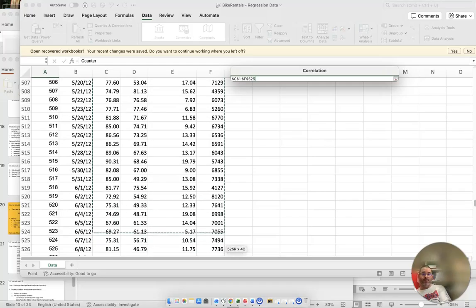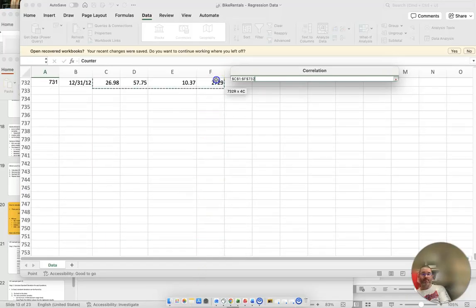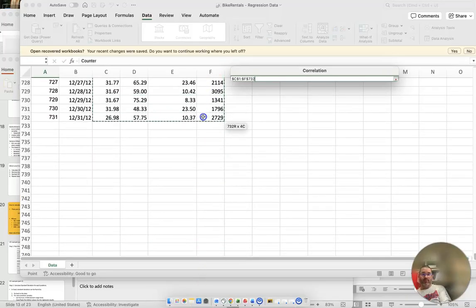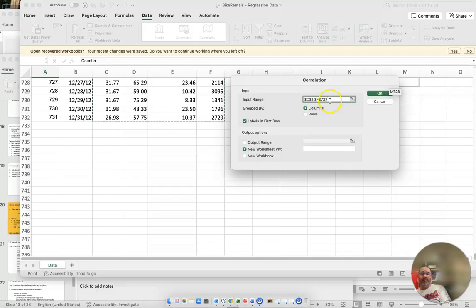And if you recall, our prompt told us that we have 2 years worth of data here. And so that's why we've got a little over 700 data points, because it's the days from 2 years worth of data. Okay, so I've selected all of that, and you have to make sure that you include labels in first row if you select the actual words in row number 1, which I've done.